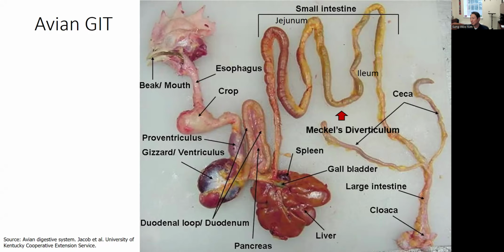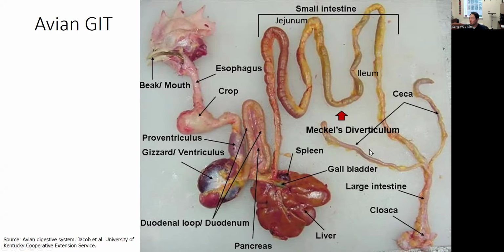So in the avian, in the jejunum and ileum and also the duodenum, that's where the food will be digested into nutrients, and nutrients will be absorbed, including in the ileum. Okay? So the ileum is a lot longer. There's a larger portion of the small intestine in the case of avian compared to the mammals. The mammals' ileum is the very short, last end part of the small intestine. And so you see the difference in how we define the ileum between the avian and the mammals.